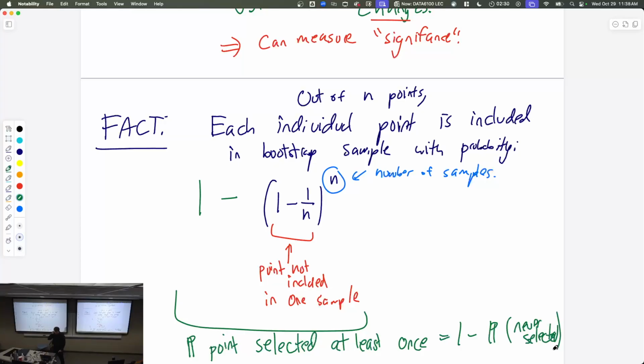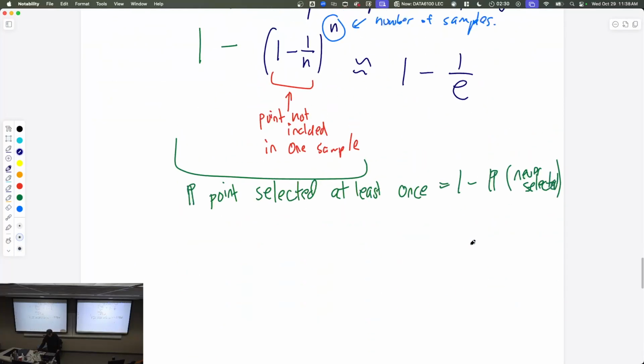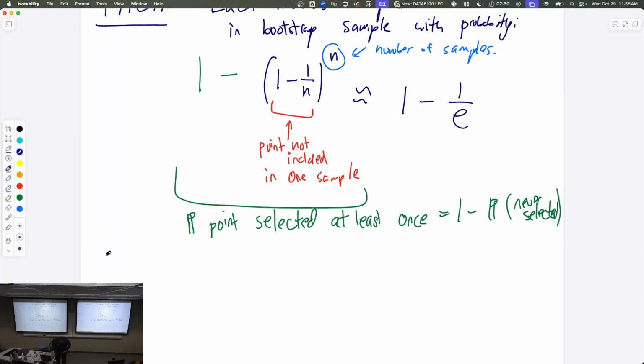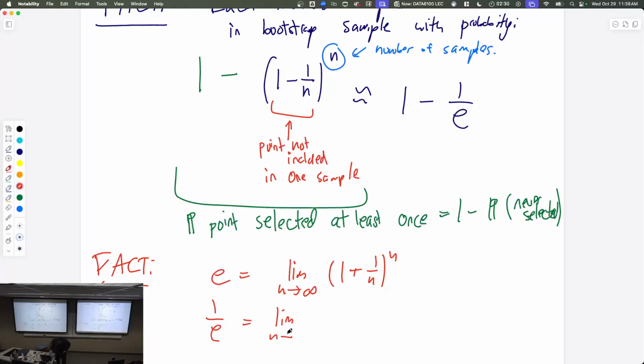So this is what we ended off with last class. And last class, we saw using Desmos that this is approximately 1 minus 1 over e. e is the limit, this is like a math fact. e is the limit as n goes to infinity of 1 plus 1 over n to the n, and 1 over e is the limit as n goes to infinity of 1 minus 1 over n to the n.